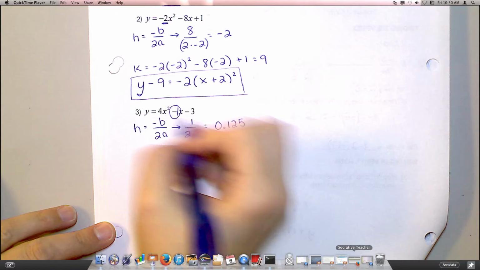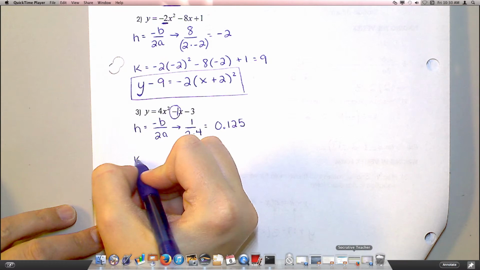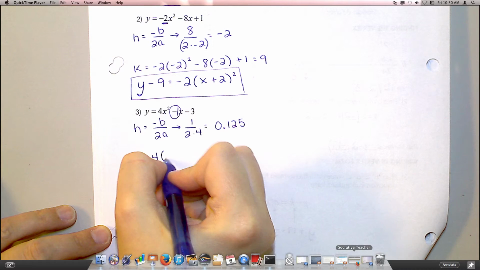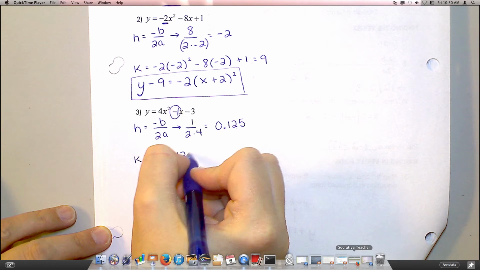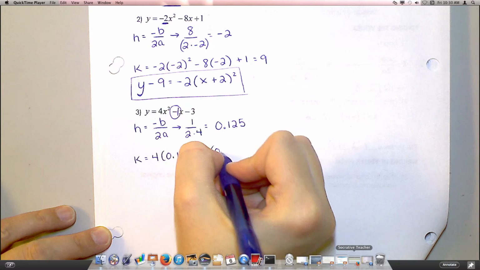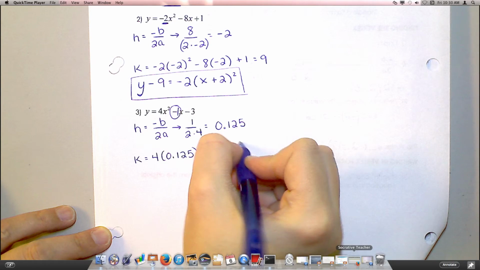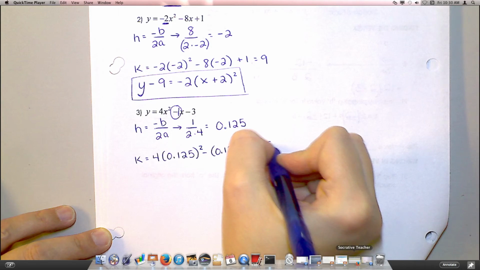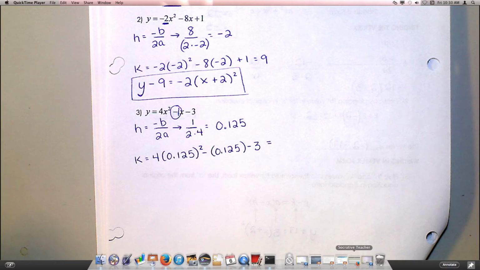Then I'm going to put that 0.125 in here for x. So 4 times 0.125 squared minus 0.125 minus 3. Go ahead and type that in.